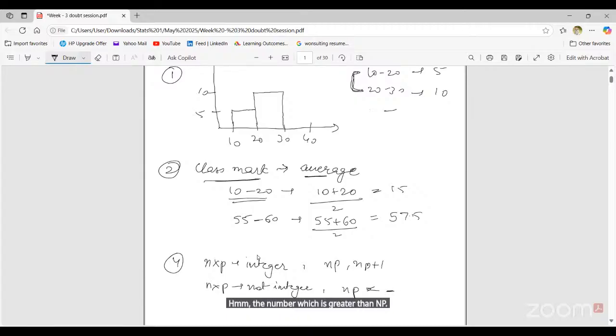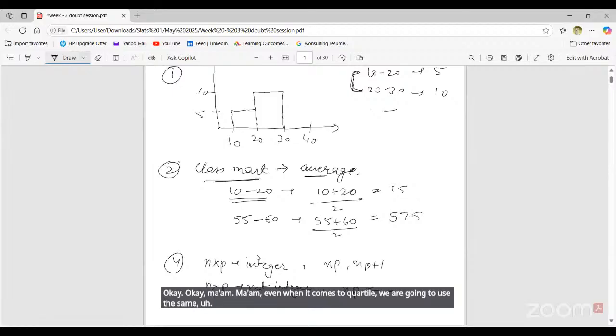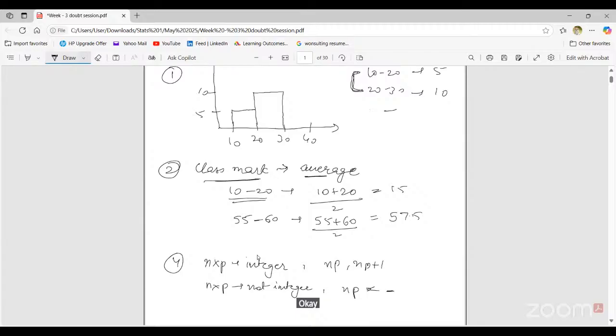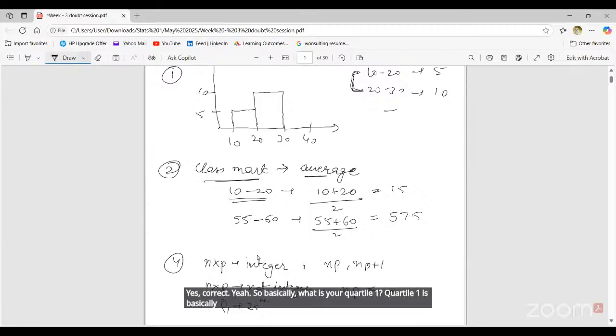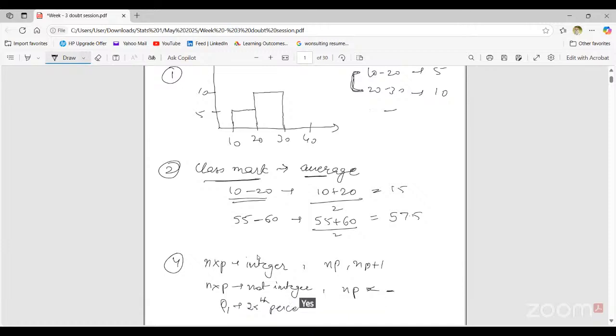Ma'am, even when it comes to quartile, we are going to use the same procedure? Yes, correct. Quartile 1 is basically the 25th percentile, correct? Yes. So same formula. And quartile 3 is basically the 75th percentile, just the same formula.